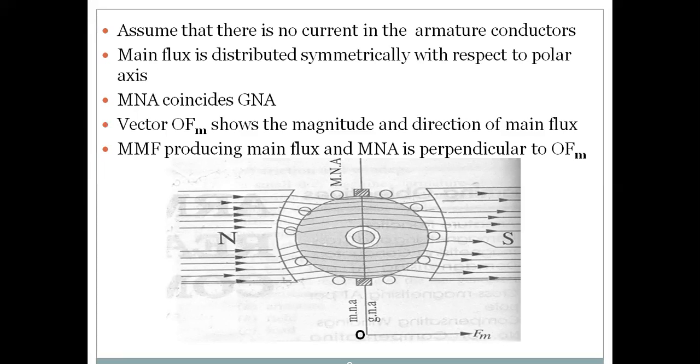MFF produces main flux and MNA is perpendicular to OFM. You can observe that the magnetic neutral axis is perpendicular to the main or polar axis, the main field axis. Again, I said in the same slide, this is the polar axis. Then the MNA axis is perpendicular to the polar axis.